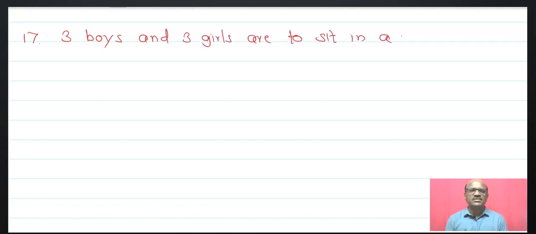Now the next is problem number 17. 3 boys and 3 girls are to sit in a row.